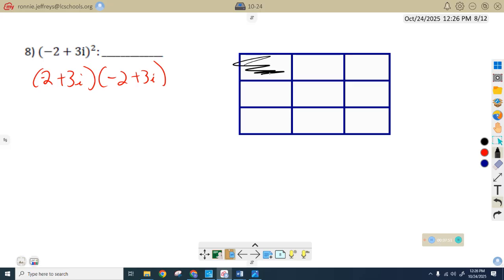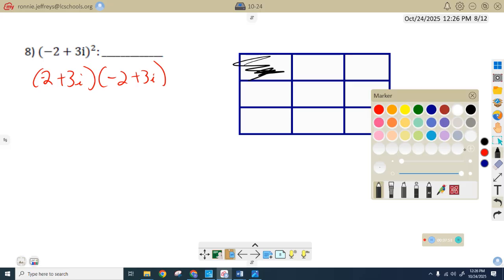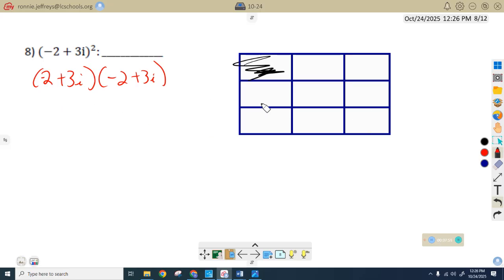So this one's not used. So we put in the first term and the second term. And since we're multiplying, it's whatever this is, that's what we put in the box. So this is 4 minus 6i minus 6i plus 9i squared.